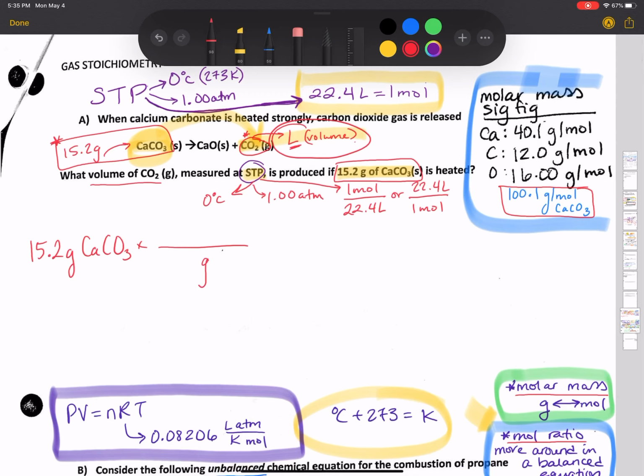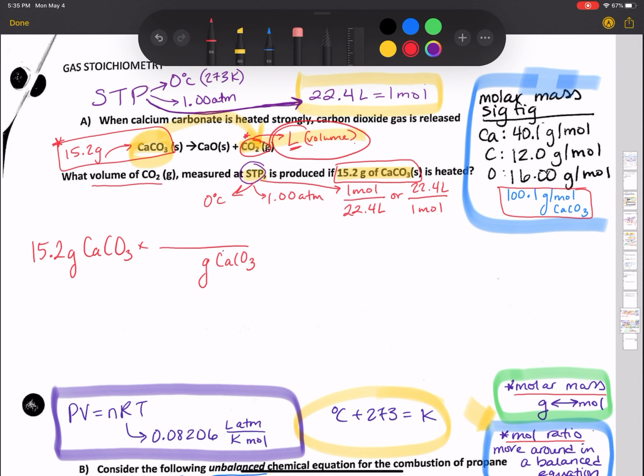So I'm going to set it up so I have grams of calcium carbonate in my denominator, and then I want 1 mole of calcium carbonate in my numerator. And then I'm just going to fill in the 100.1 that I had already calculated. So now hopefully you can tell grams of calcium carbonate cancel, and you're left with moles of calcium carbonate.